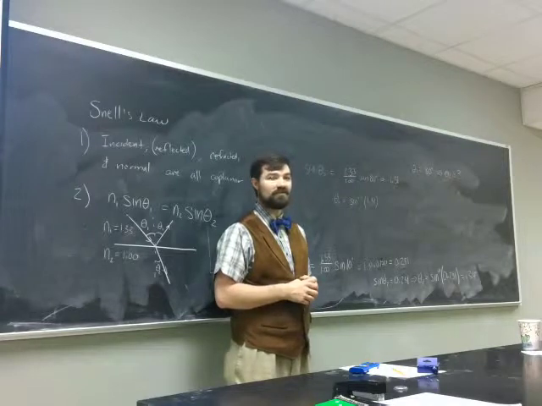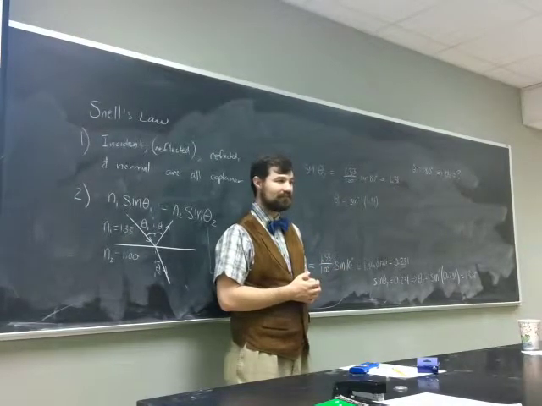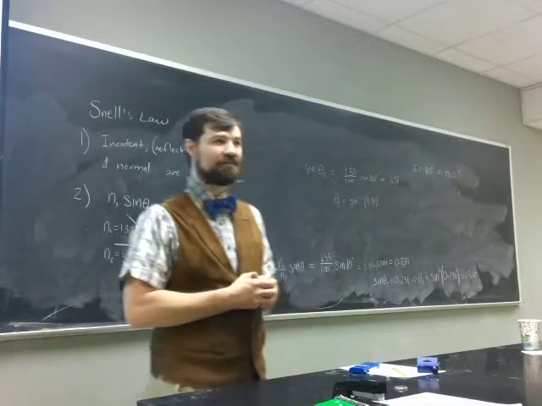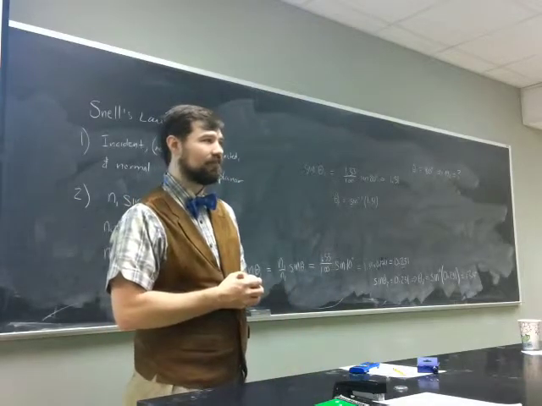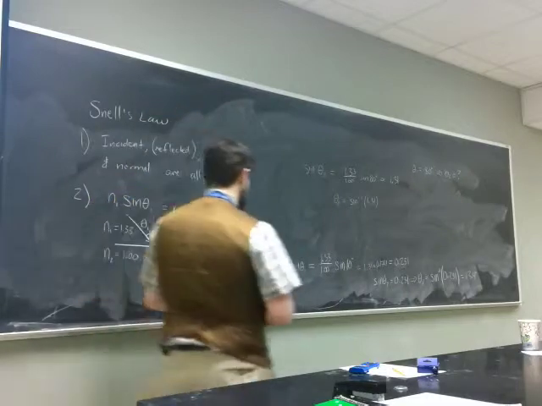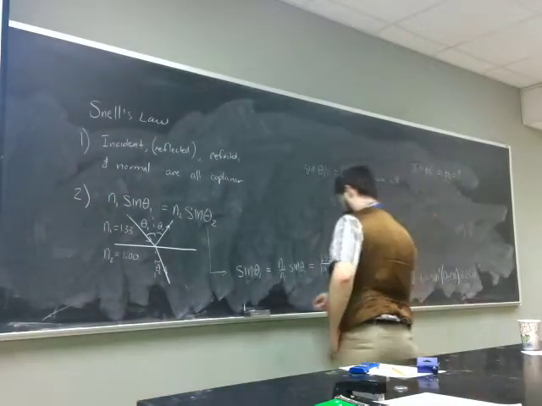So if theta 2 is 90, then the sine of theta 2 is what? Anybody remember what the sine of 90 degrees is? It's a 1. So what you do is you solve for this angle, theta 1.